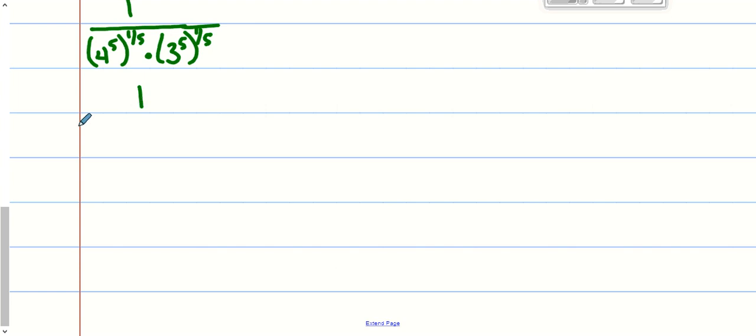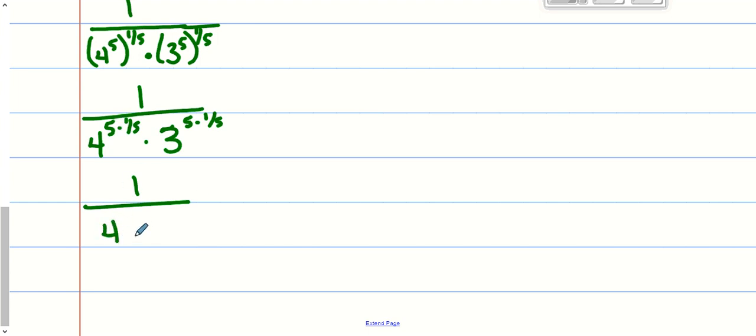So we have 1 over 4 to the 5th times 1/5 times 3 to the 5th times 1/5. So we're multiplying those because it's power to a power. So simplifying that, 5 times 1/5 is just 1, so that leaves me with 4. 5 times 1/5 again is 1, so that leaves me with 3. And 4 times 3 is 12. So I end up with 1 over 12. And there we go.